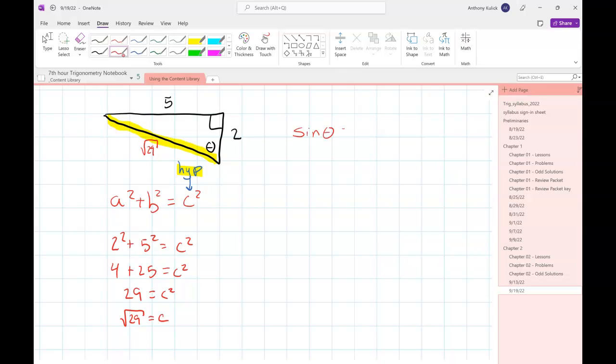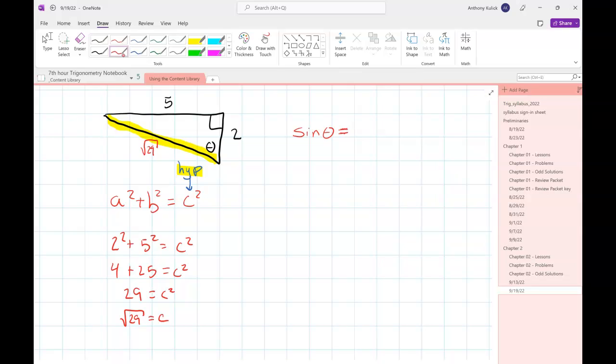So sine theta. How do I find sine theta? SOHCAHTOA says, what's the ratio? Opposite over hypotenuse. Very good. What's the opposite in this case? It's not 2.